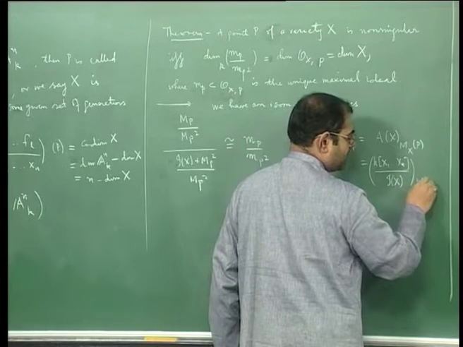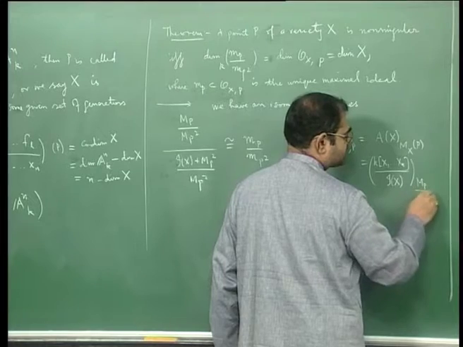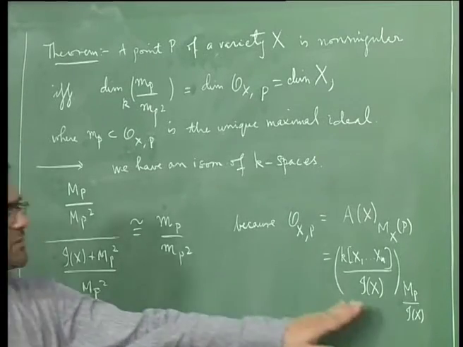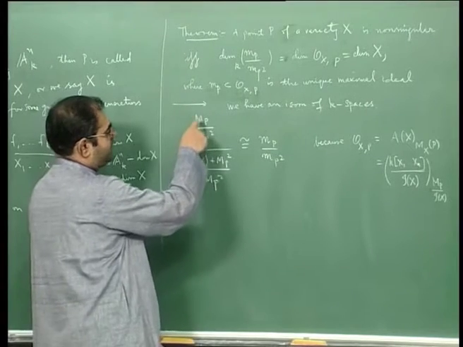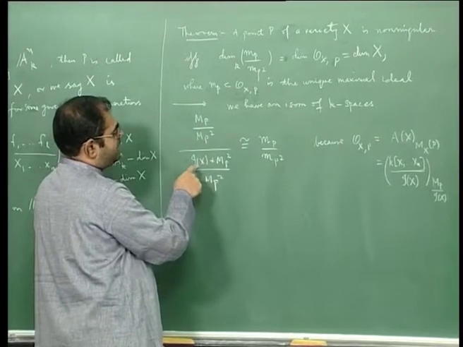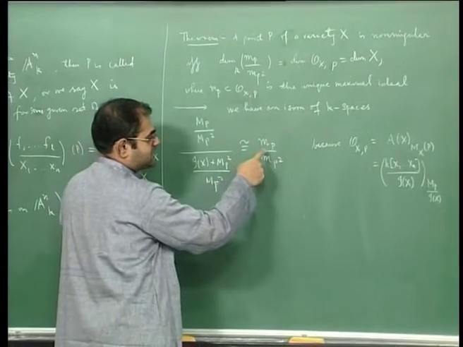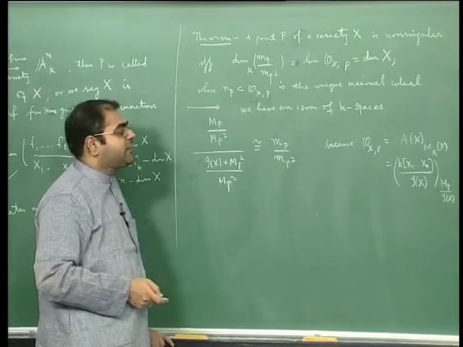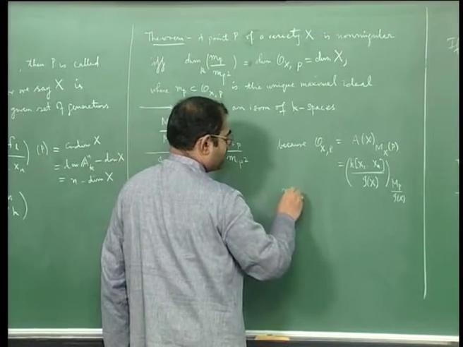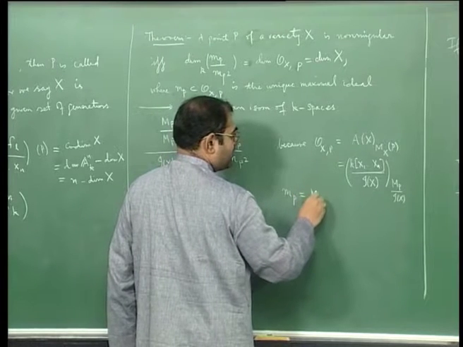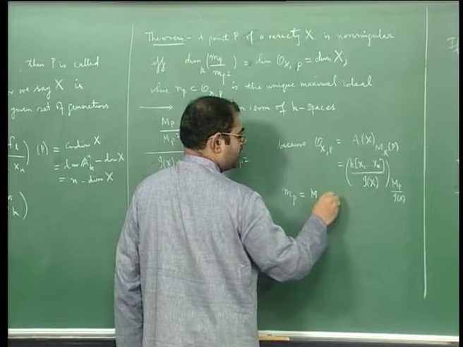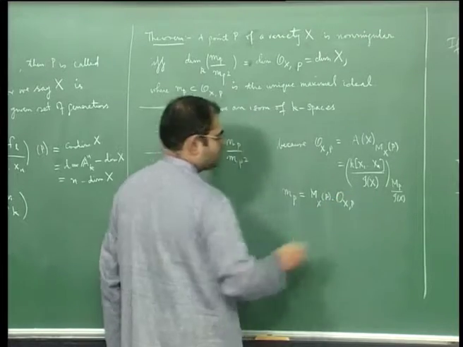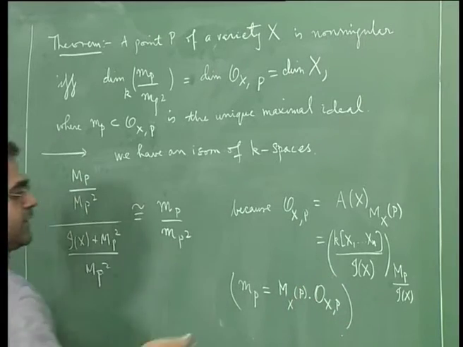This is just MP, you localize at MP mod Ix, alright, and because of this, if you take this quotient, capital MP mod MP squared by Ix plus MP squared mod MP squared, this will be the same as small mp, where small mp is the unique maximal ideal in this, because you see small mp is actually this: you take the ideal MP in Ax and take the ideal generated by its image in OXP, okay.